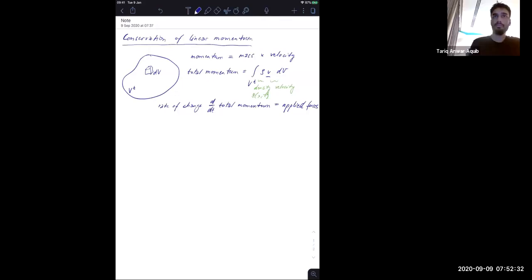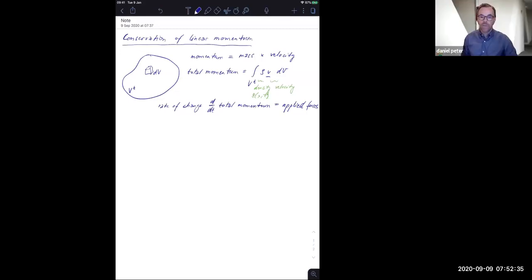But let's quickly write down this rate of change of total momentum in the form of the equation that we have. So we have d over dt times total momentum, and this is the volume integral of rho times v, velocity. Like last time, we can keep the volume fixed, but then take the derivative inside.